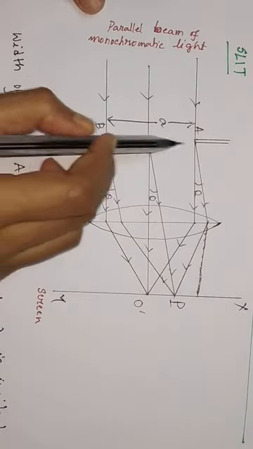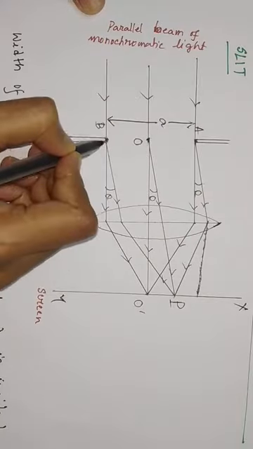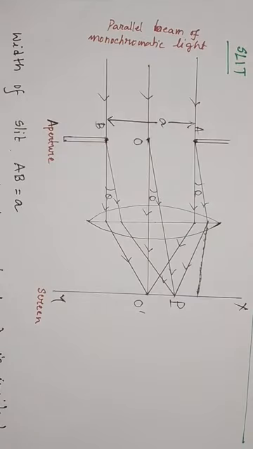Similarly, if we consider another point source at A and at B, the point source at A will also act like a secondary source which will send out secondary wavelets in every direction.